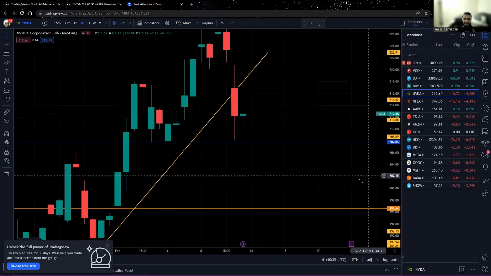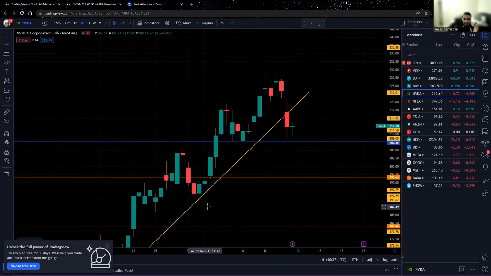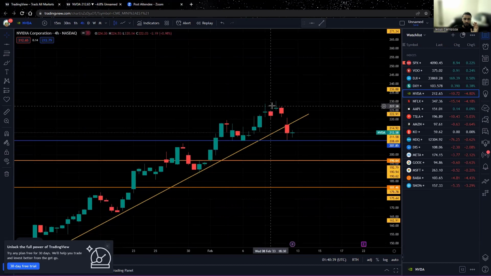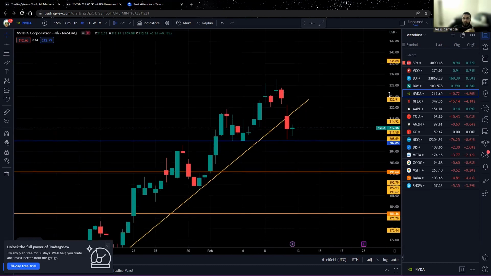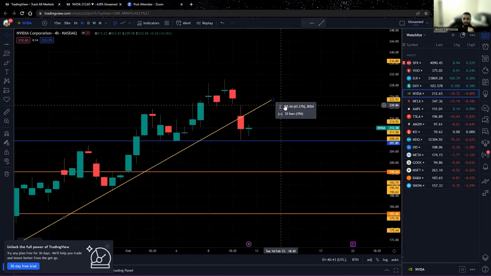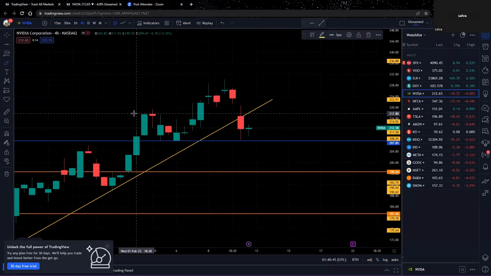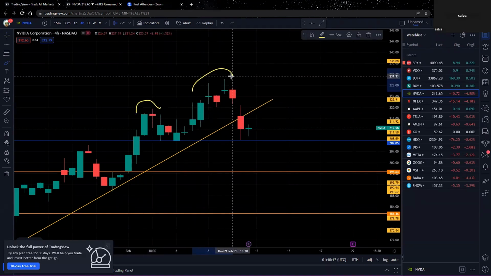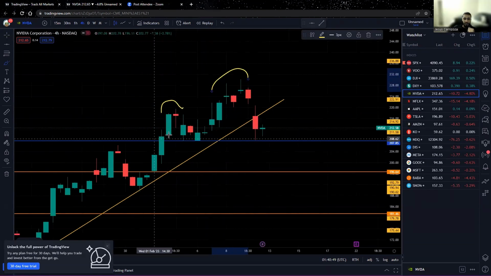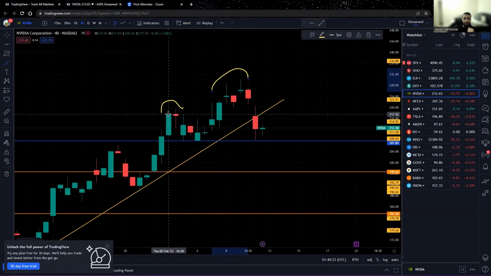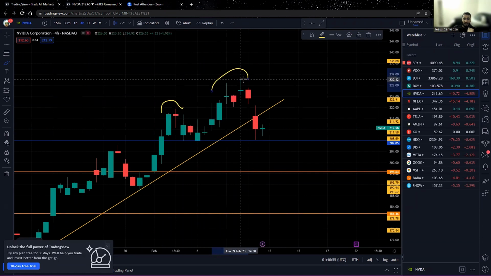But we didn't necessarily. Yes, we broke this uptrend, right? With this line, we broke the uptrend. But now that we broke the uptrend, what are we looking for? The lower low. Exactly, lower low. So if you see right here, yes, we broke the uptrend, right? We broke this line, but we still made the higher high right here, right?